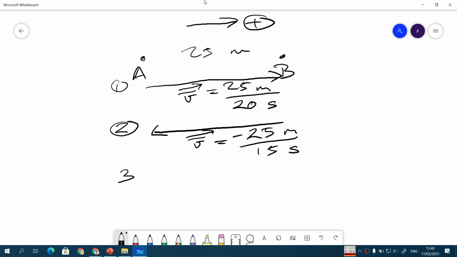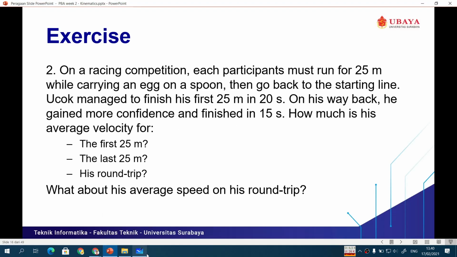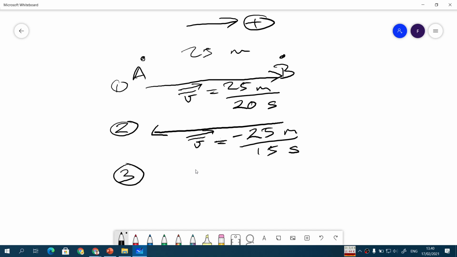And then for the third part, which is his round trip, it's easy. The average velocity is actually 0. Sorry, I misplaced the notation.